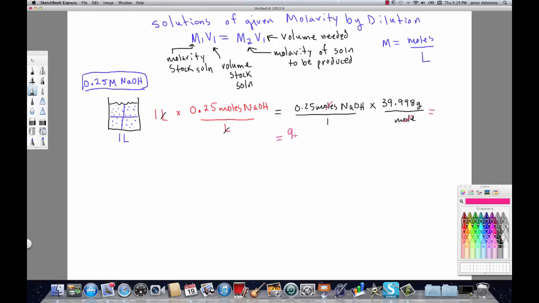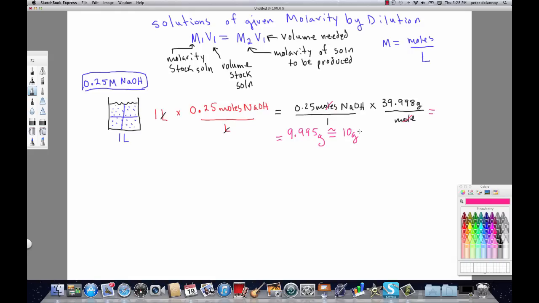So this would be 9.995 grams. And just for simplicity's sake, we're going to call this 10 grams. So basically what I would do is go to a scale in the laboratory and mass out 10 grams of NaOH.